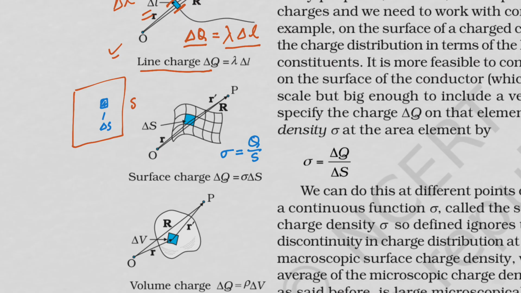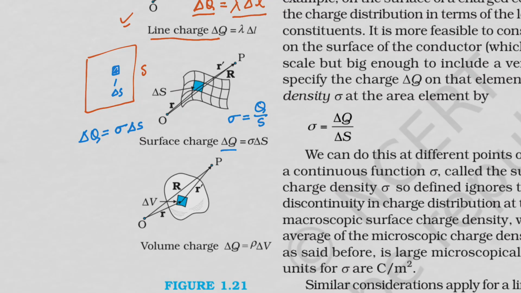So now if we want to find the charge at the small area delta S, then this small charge delta Q would be small area multiplied by this sigma, and we call it surface charge delta Q. And sigma is surface charge density.